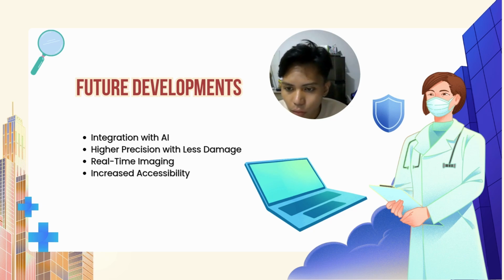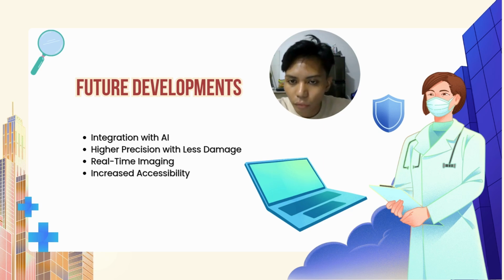So now let's take a look at some exciting future developments in electron microscope technology. The first one we have is the integration with AI. Future electron microscopes will likely include artificial intelligence that can automatically analyze images, detect defects, and even interpret data, making the analysis faster and more accurate. The next one is higher precision with less damage, where scientists are developing low dose imaging techniques to reduce the amount of radiation used, which is especially important when examining sensitive biological samples.